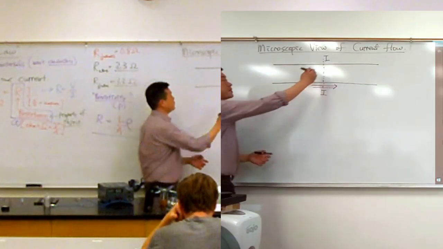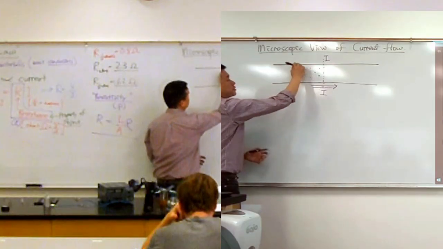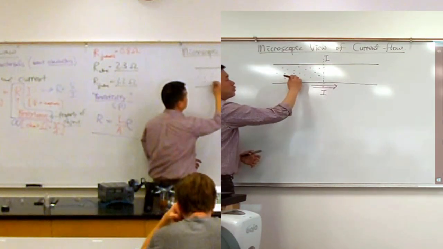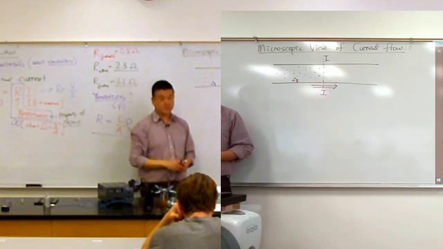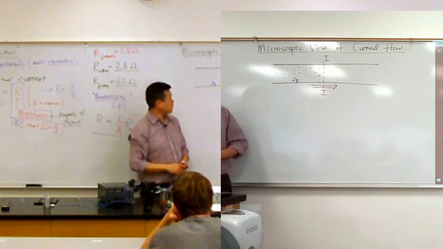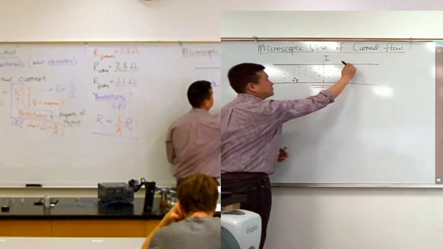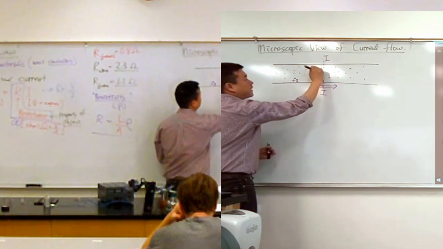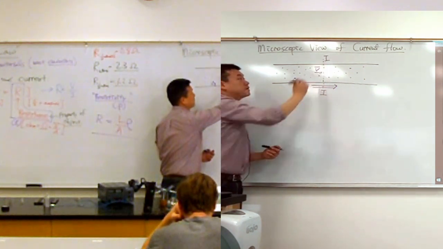So what I want you to imagine is that within this conductor are free charges, each of some charge plus Q, and which are moving at some speed to the right. Let me call this some kind of average speed.